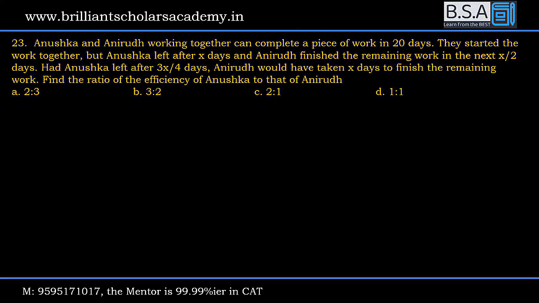Had Anushka left after 3X by 4 days, Anirudh would have finished the work in X days. Find the ratio of efficiency of Anushka and Anirudh. Give it a shot.